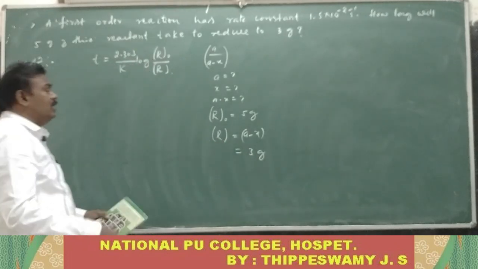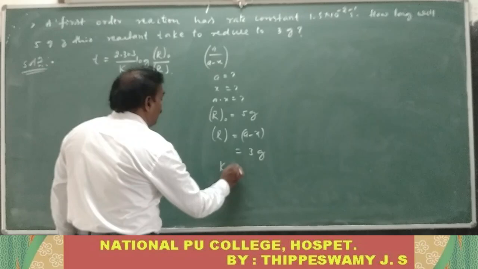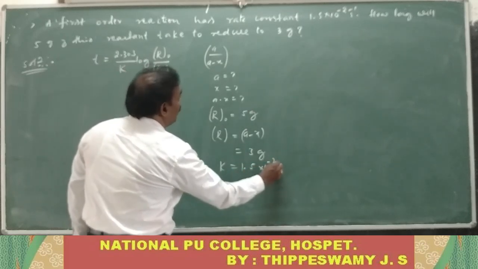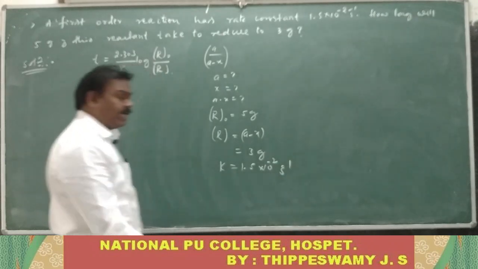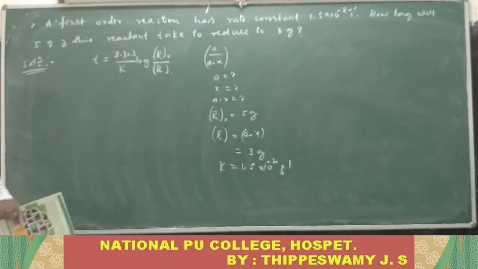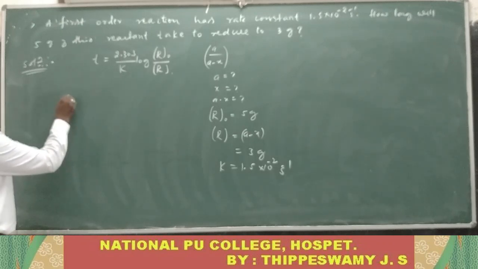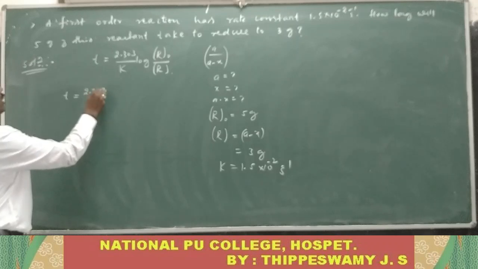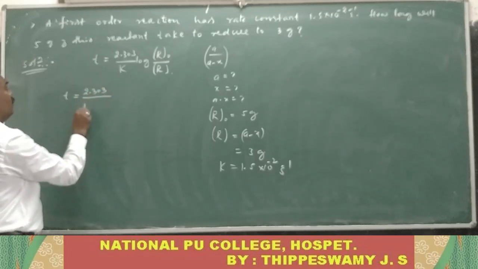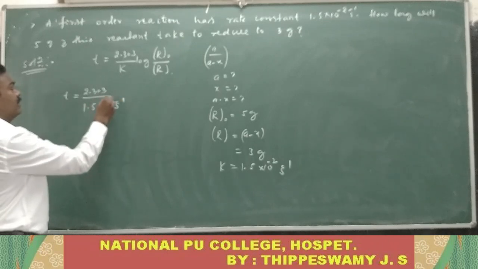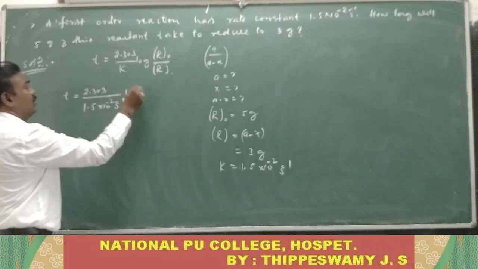Then what is the value of K given? K is equal to 1.5 into 10 to the power minus 2 per second. Now substitute all the values and then simplify. Then you write like this: small t is equal to 2.303 divided by K, that is 1.5 into 10 to the power minus 2 per second, into log of R naught.